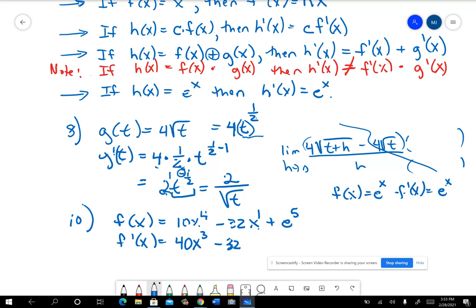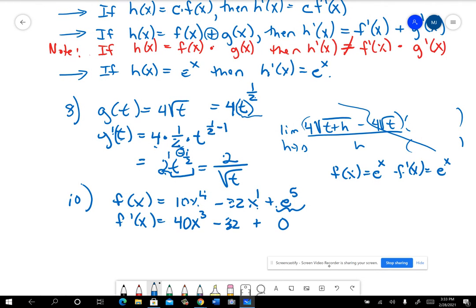You should not have an e to the fifth on this one because the derivative of this piece would be 0 because it's a constant, e to a set number, and the derivative of a constant should be 0. So your answer should just be 40x to the third minus 32 on that one. On this one, I would go that far.